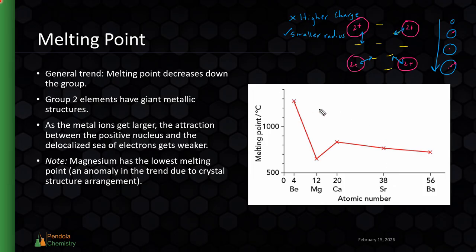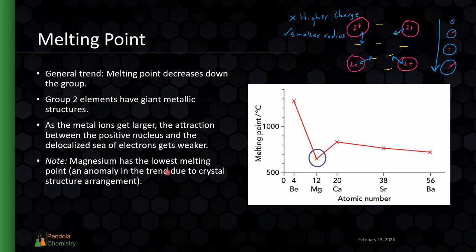Now, this is fairly true across the period. The only exception to this is right here, which is magnesium. Magnesium is the only exception to this trend. And the reason for this anomaly is completely due to crystal structure and arrangement, not to what we were discussing about the size. Magnesium is still bigger than beryllium, but smaller than calcium.